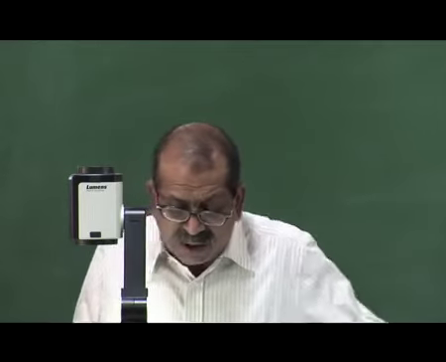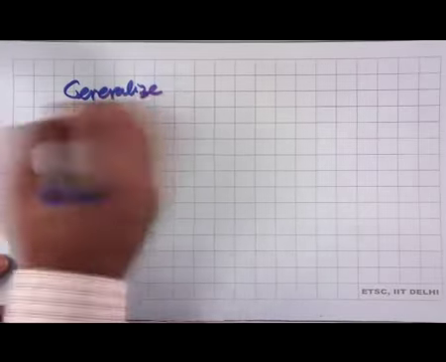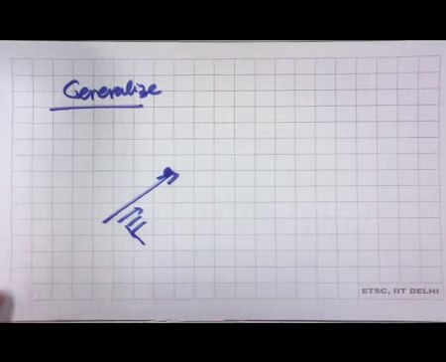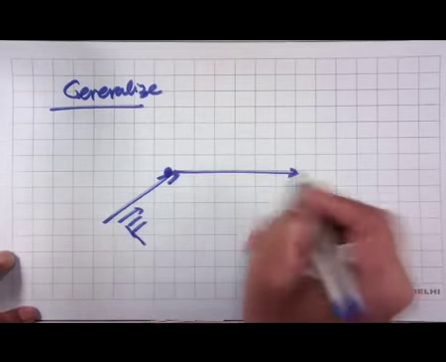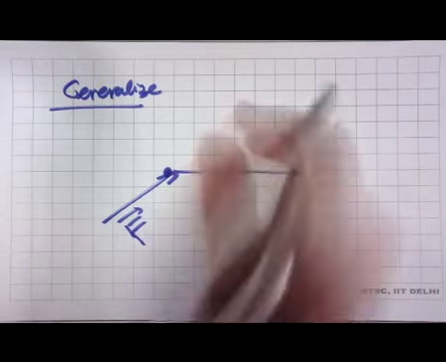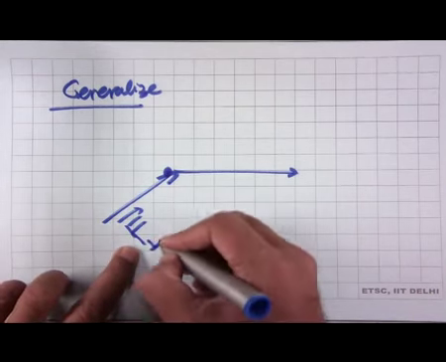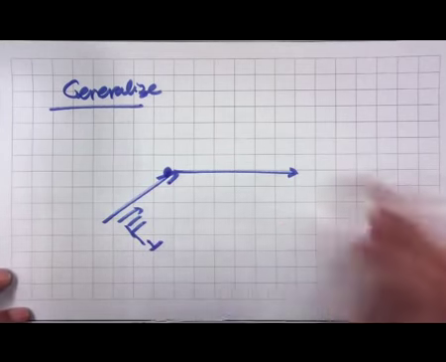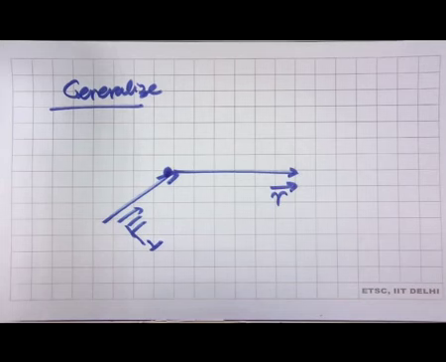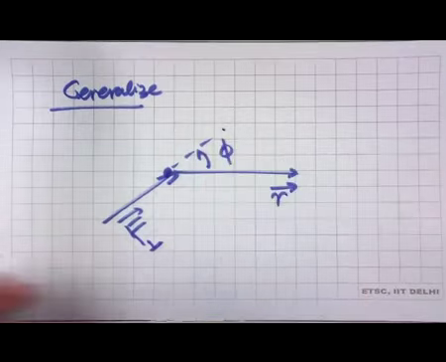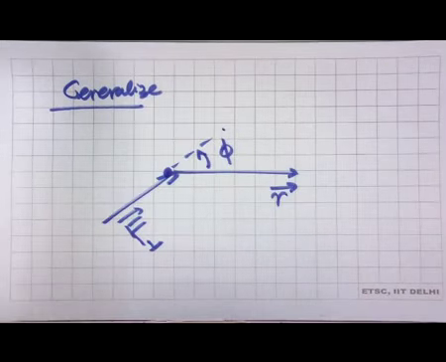Now, let us generalize this concept. We talked of a 1D case and we generalize this, and in a general case, let us say we have this particle on which the force F is acting, and there may be more forces acting. So, we are looking at the work done by this particular force, let us say F1. If the particle is moving like this, let the displacement of the particle be given by R, and the angle between the force F and the displacement R is phi.